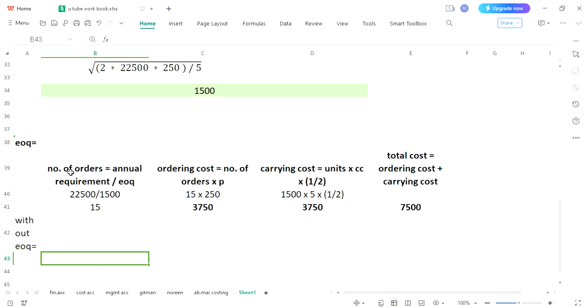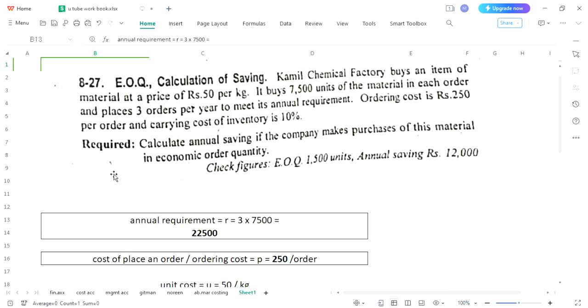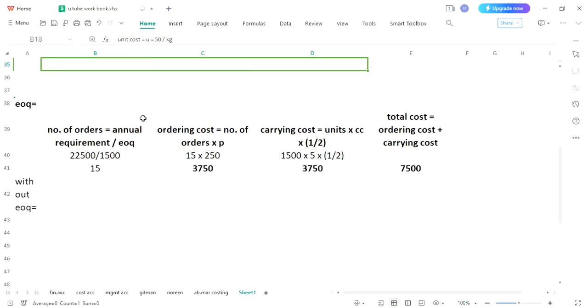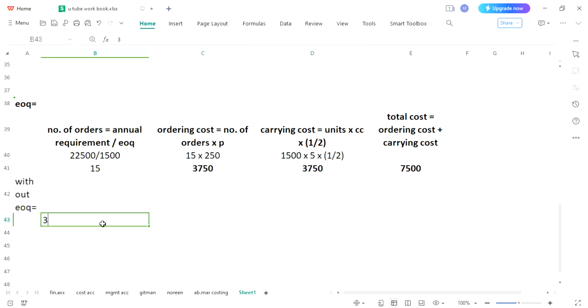First, we will calculate the number of orders. For that, you will go to the question, and you can see it has already mentioned previously they were giving 3 orders per year. We can mention that 3 orders were given in your question, and let's centralize them.